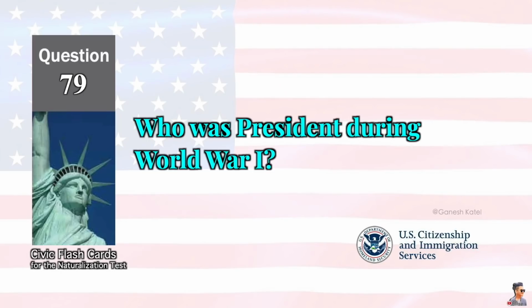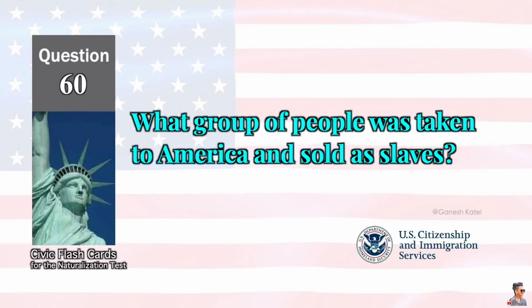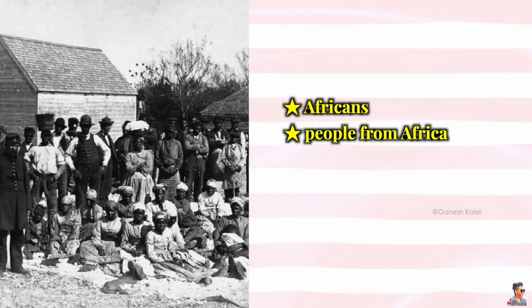Who was president during World War I? Woodrow Wilson. What group of people was taken to America and sold as slaves? Africans. People from Africa.